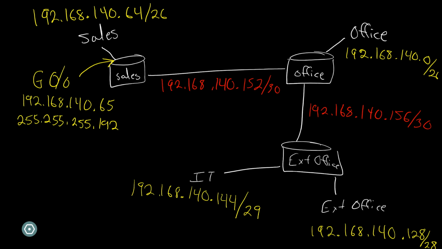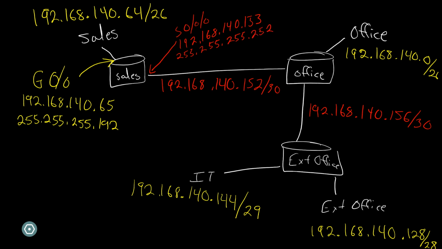Okay, if we were assigning a default gateway to this network, let's say this is S000, we might assign the first address available, so 192.168.140.153 in a /30 network, which is going to be a 255.255.255.252.